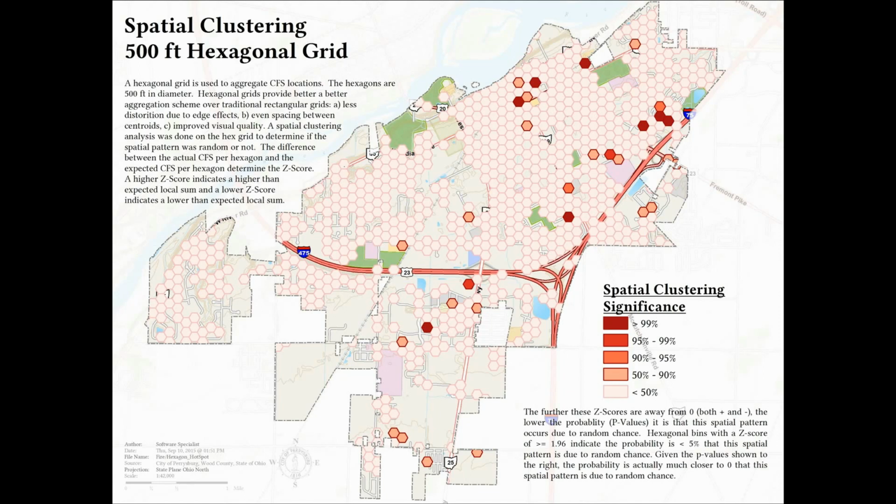Now, if you're doing this with point values, data has to be aggregated. So you can't use individual points. You have to have a specific polygon or point with an attribute field that has a data value. So in this case, I used hexagons.